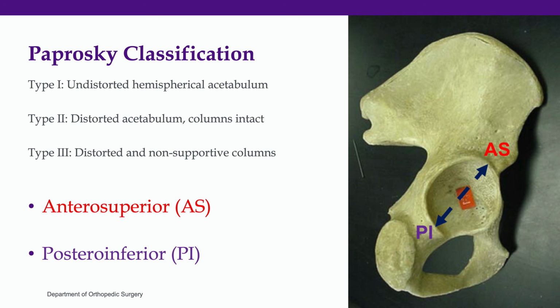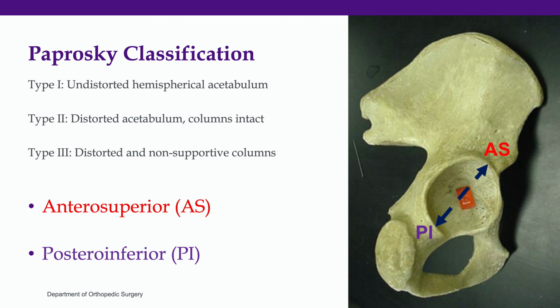When you think about the reconstructive challenge, you really have to quantify your bone loss, and the Paprosky classification helps us do that. Type 1 defects have an undistorted hemispherical acetabulum. Type 2 acetabular defects have a distorted acetabulum, but the columns are intact, and this really means that you're going to have some anterior superior bone and some posterior inferior bone that are of good quality, and you can wedge a hemispherical implant between those two spots and get some good initial purchase with or without some supportive augments or bone graft.